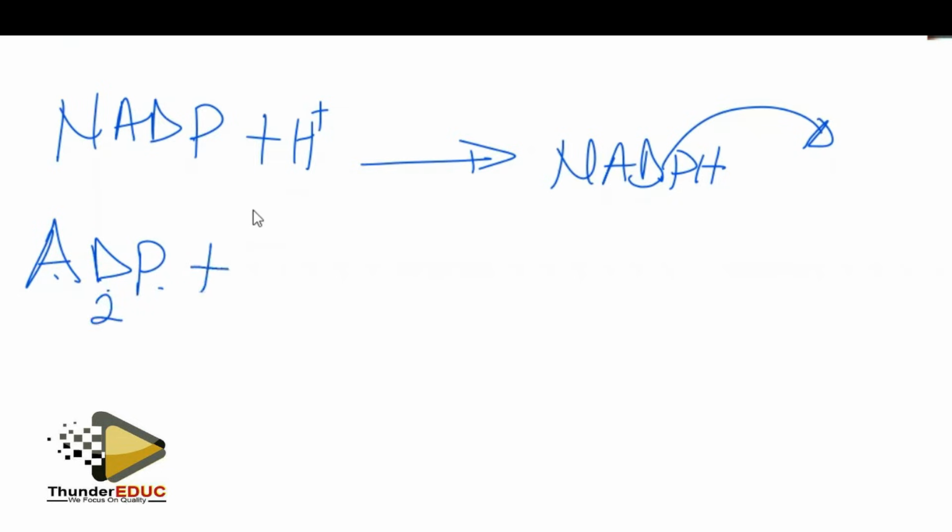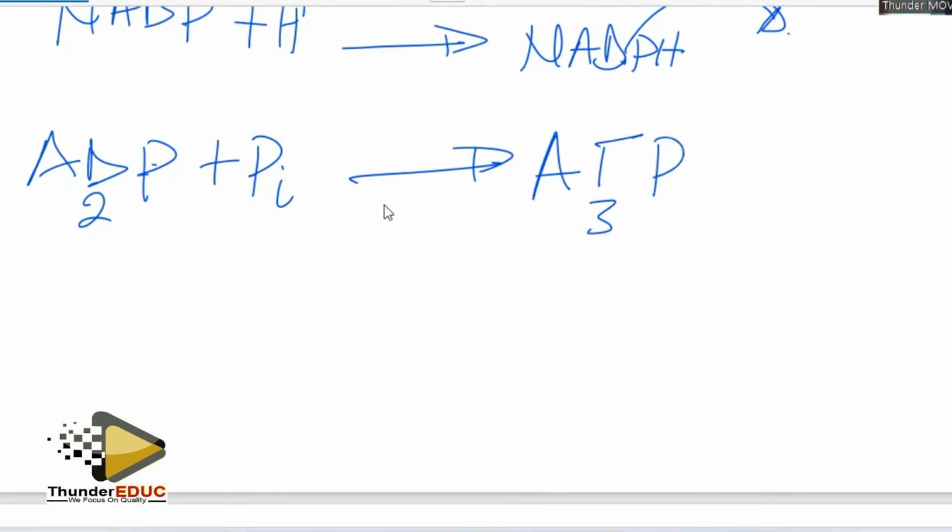What it does is add another inorganic phosphate. So now I have 3 phosphates instead of 2, and 3 is called tri. So it becomes adenosine triphosphate, the usable energy we use in the body. So if you have this plus this, you form this. This is the energy which we use.